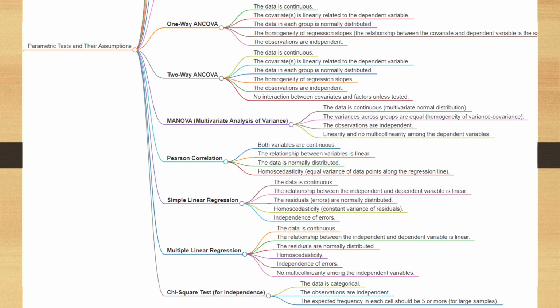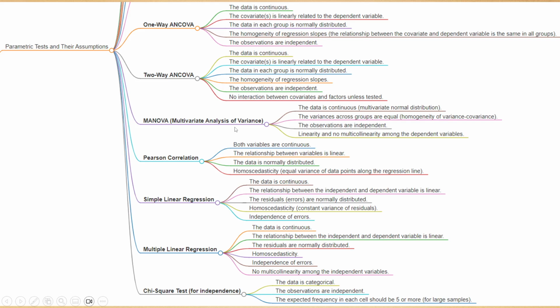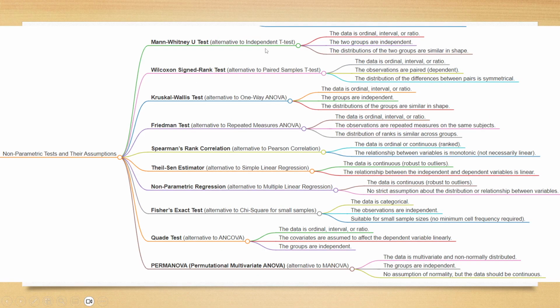Now, the parametric tests and their assumptions, again I am not going to discuss. In our later discussion we will see the non-parametric tests, where data is ordinal, interval, ratio. As we said earlier, in non-parametric tests our data should be ordinal. So why go non-parametric instead of parametric for interval ratio?